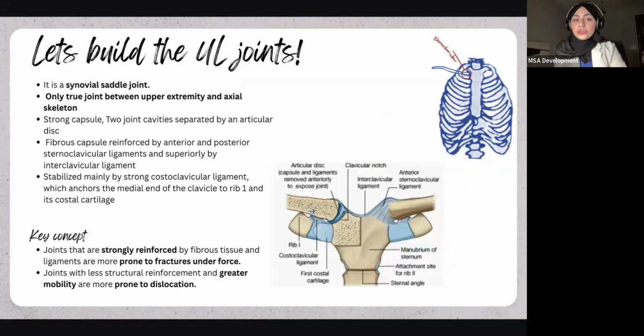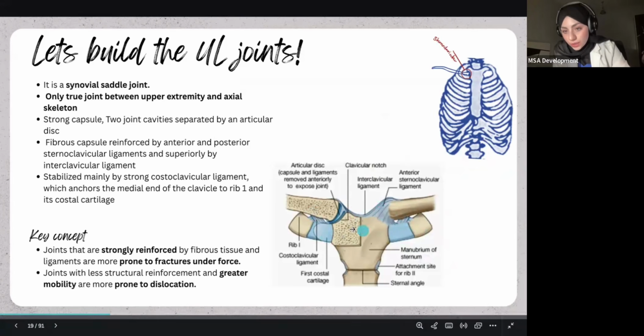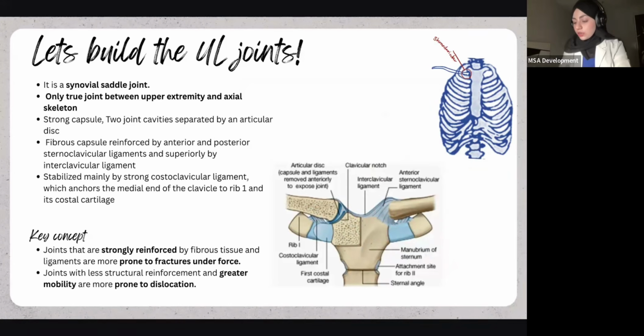Does it act like a saddle joint though? No. Because look at this right here, we have ligaments. So the anterior and posterior sternoclavicular ligaments are going to be strongly wrapped around it, allowing it not to move and show us its saddle joint activity. Of course, it has some freedom of movement, but it's not as saddle-like as you can see and appreciate maybe in a thumb.